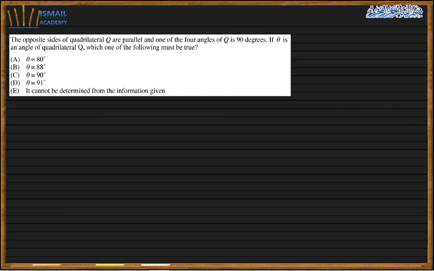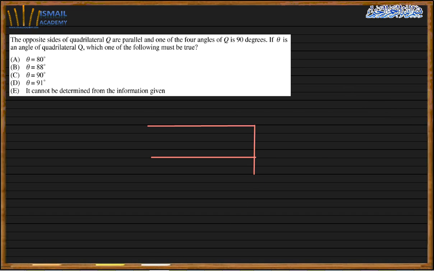Alright, next question. The opposite sides of a quadrilateral are parallel. So we have a quadrilateral that has opposite sides that are parallel. And one of the four angles is 90 degrees. Let's suppose that angle is 90 degrees, so this is perpendicular.